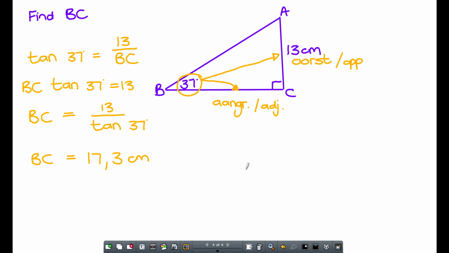Okay, so homework. Exercise 1 and then exercise 2. Number 1.